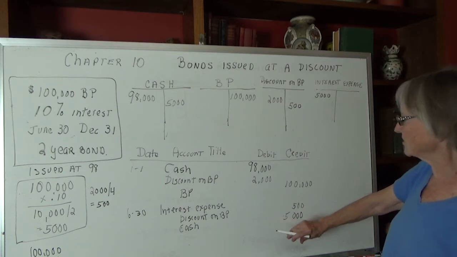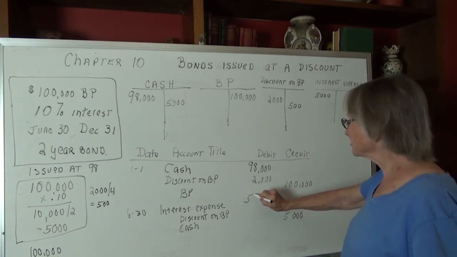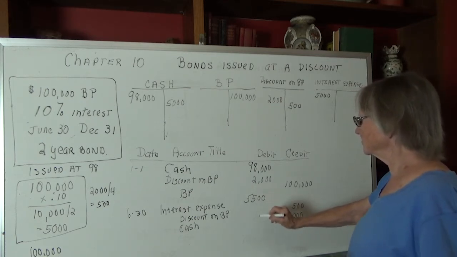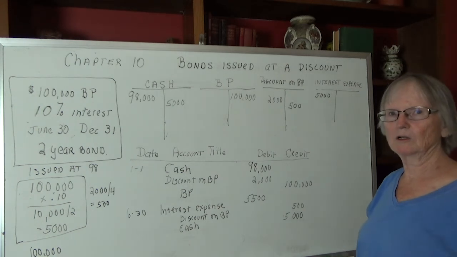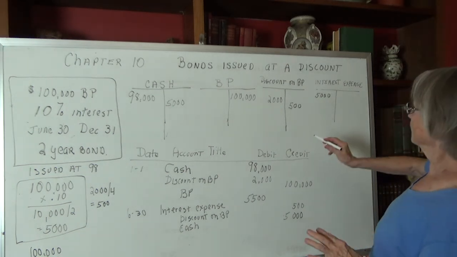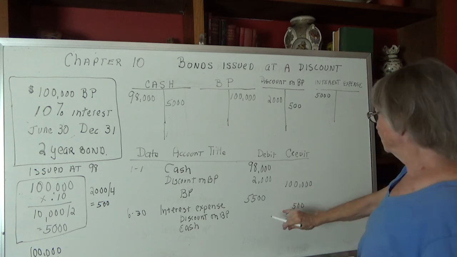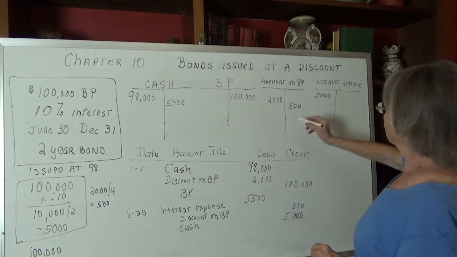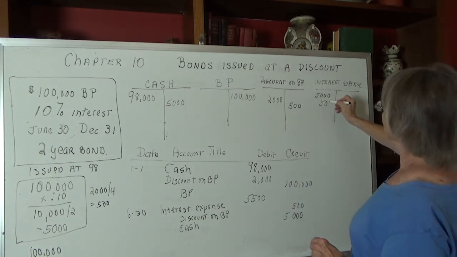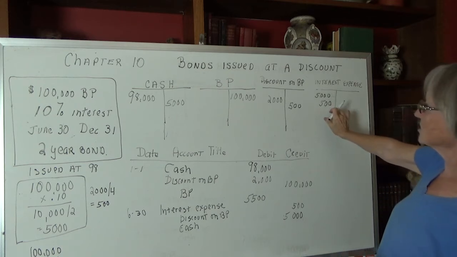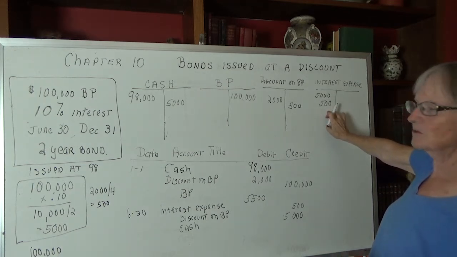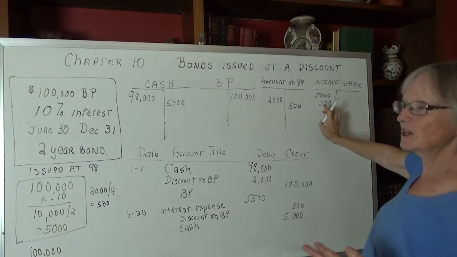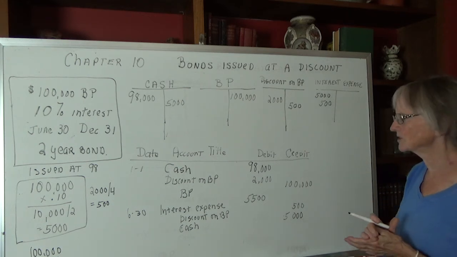Instead of being $5,000, our interest expense is now $5,500. Cool, huh? Okay, so let's finish this off. We have to post the other $500 to interest expense. So the interest expense for each bond, when it's issued at a discount, is going to be higher than if it were issued at face value.